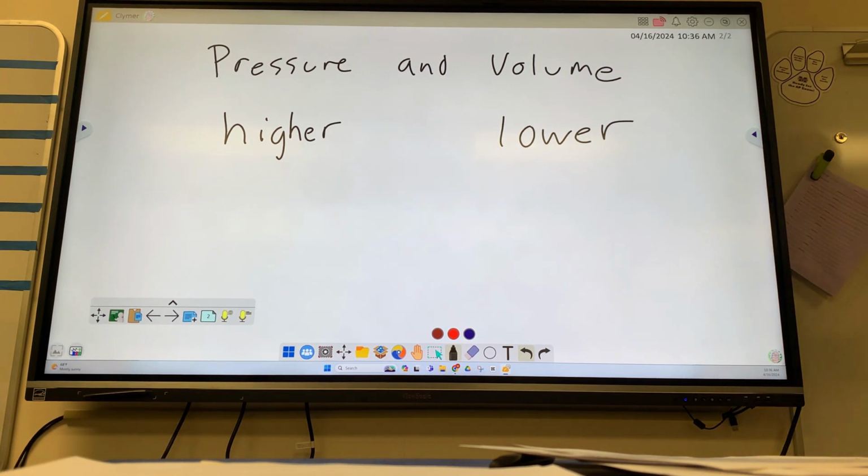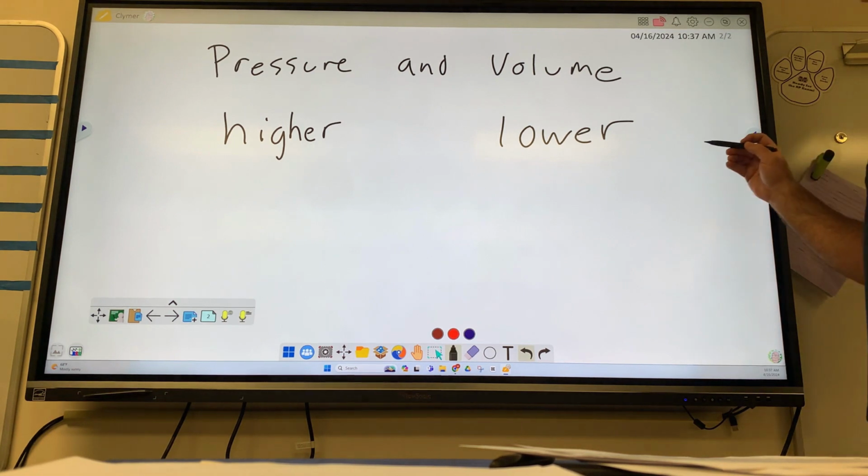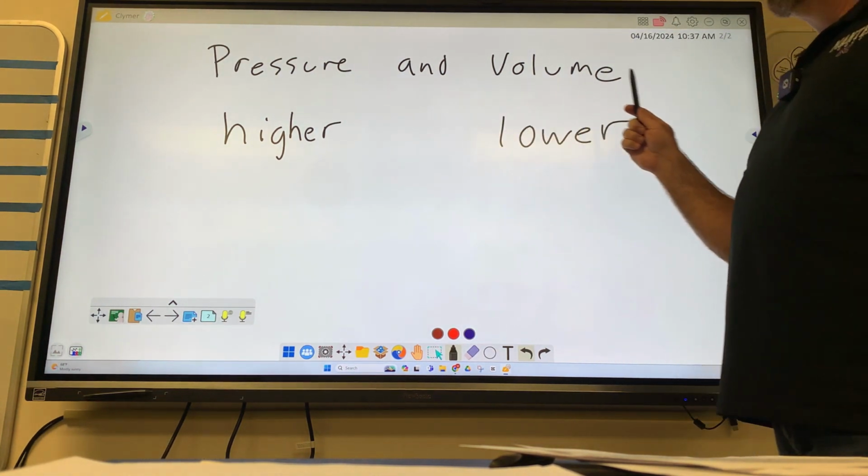So this was yesterday's lab. That was the giant aha that you were to take away from that lab yesterday: as we kept stacking more and more books on top of the bulb of the pipette, the volume continued to get smaller and smaller. You guys made those observations, right? You put them into a graph, you answered some questions, but the big relationship here was pressure and volume.